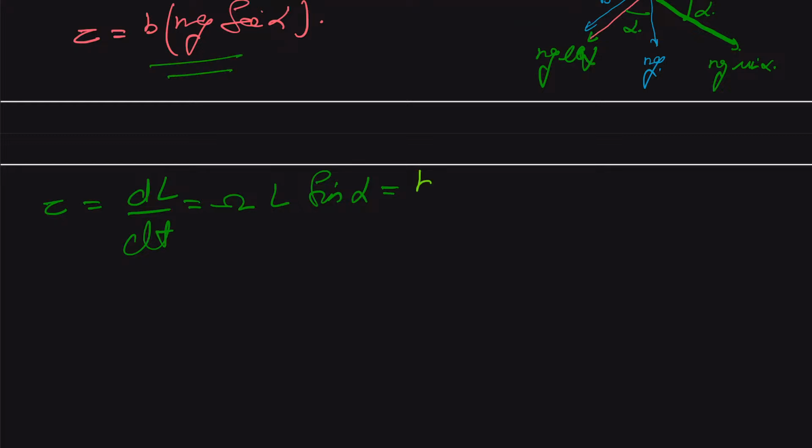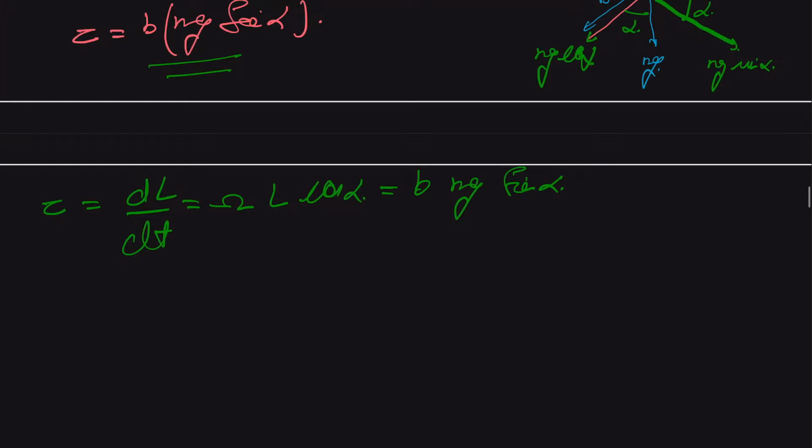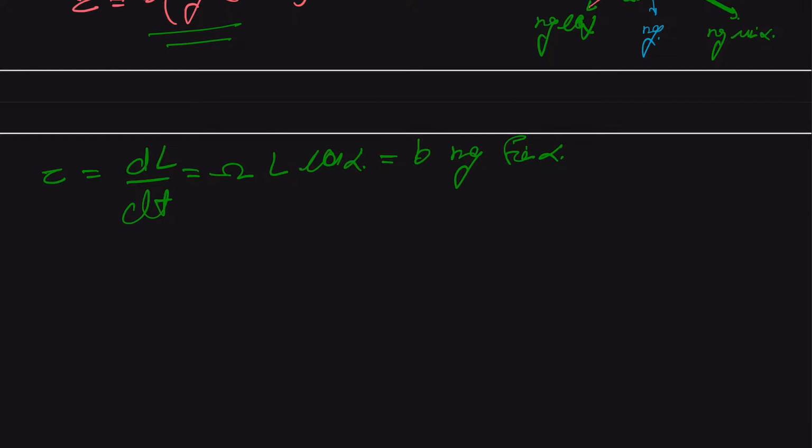So we get this as b mg cos of alpha, my mistake. Okay, and we can substitute our value of omega, and that is almost done now.